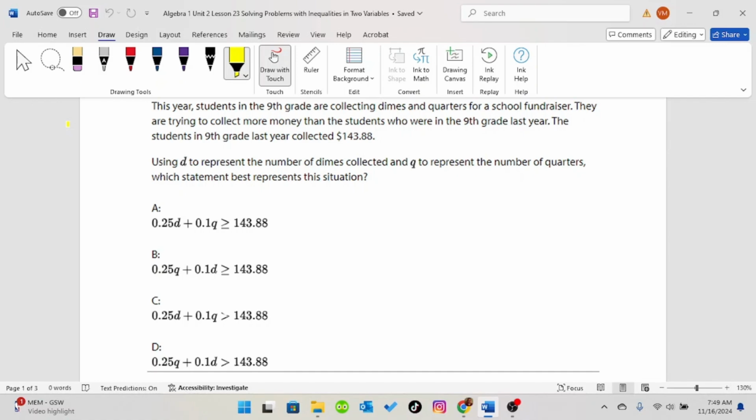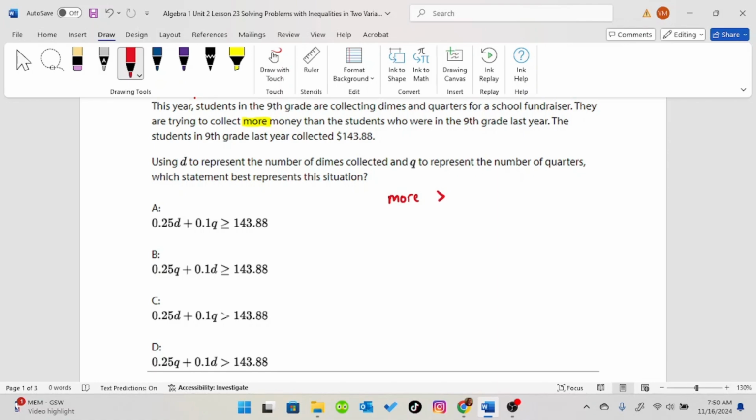So as we break down this word problem, the first thing I want you to notice is it says collect more money than the students. If we see more, that means greater than.